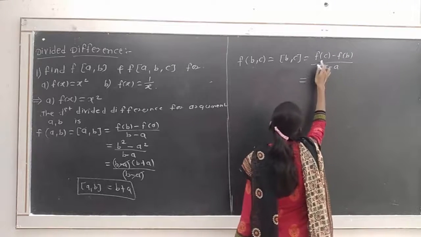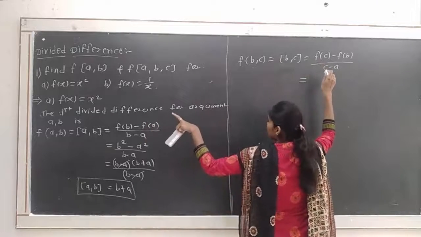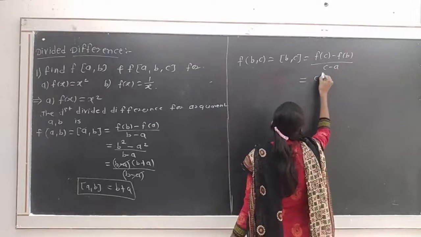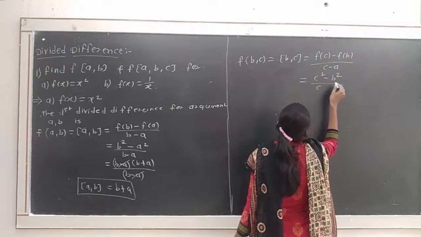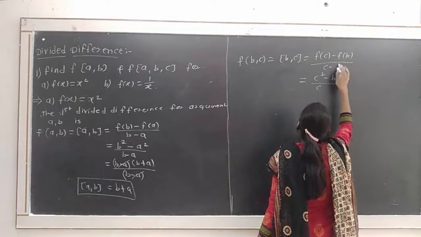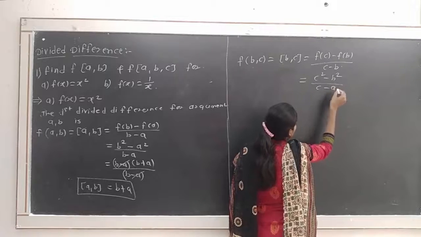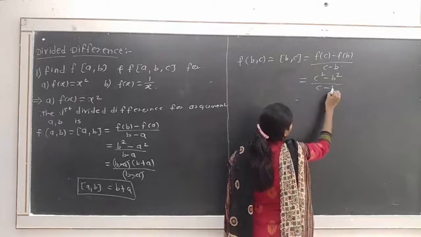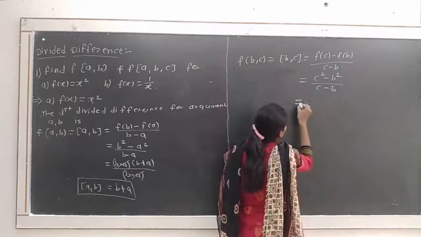Similarly, we put here values of the function at point C. So f of x is equal to x square, at C will be C square minus here B square divided by C minus B. Sorry, not C minus A, it will be C minus B again.